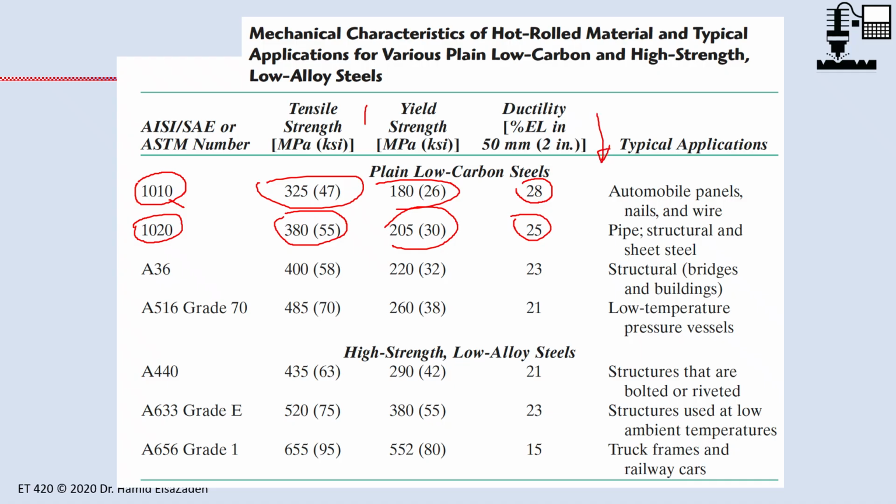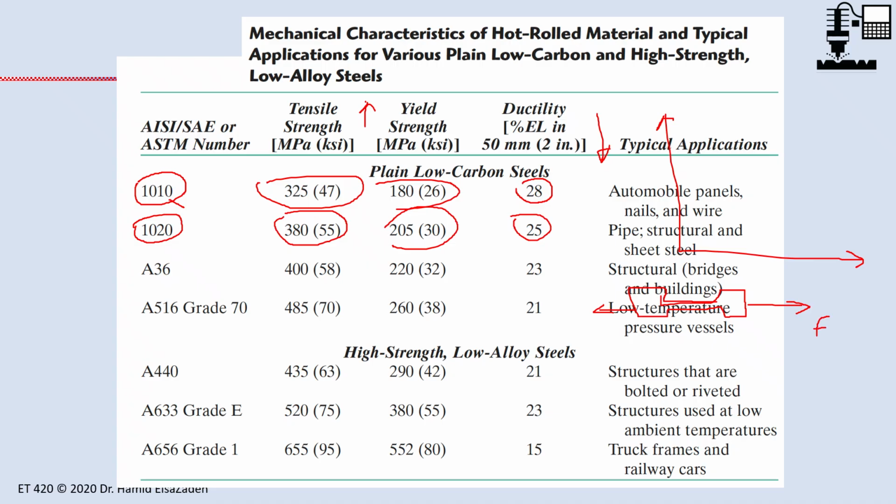What is strength and what is ductility? If you have a sample that you put in the tensile tester machine and you pull, for example, when you want to do the tensile test, you have to make a dog bone sample, and then you put this sample in a tensile tester, then you pull it apart, then you get the force and displacement.